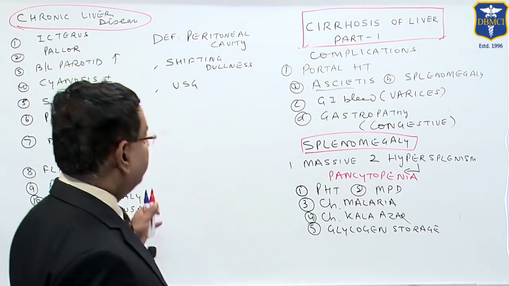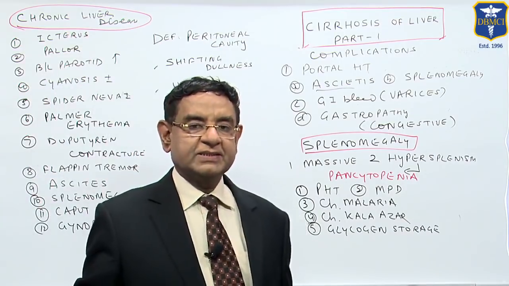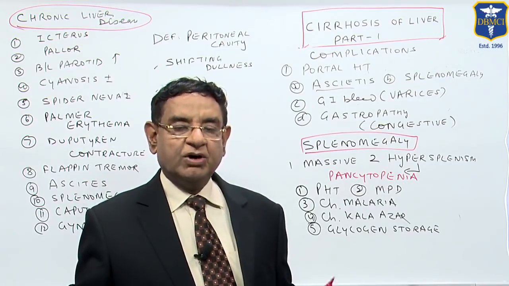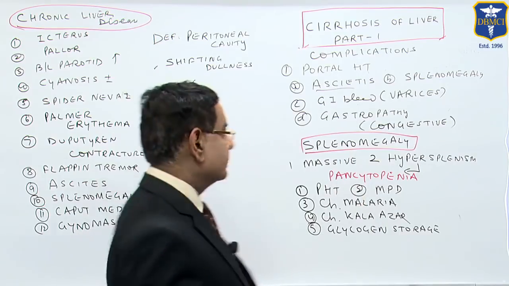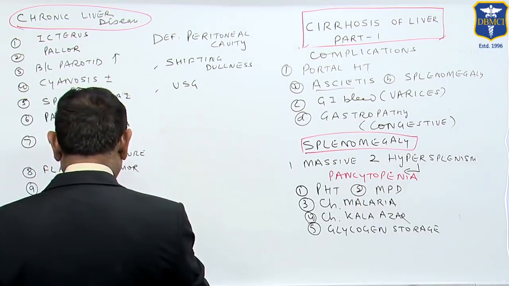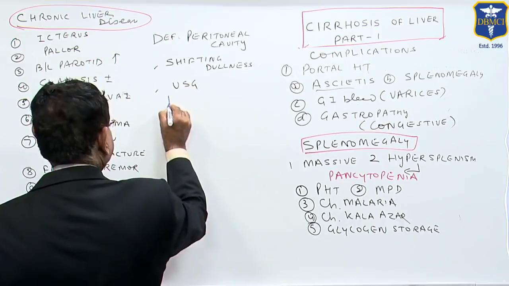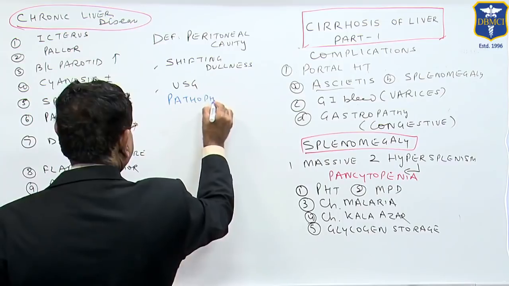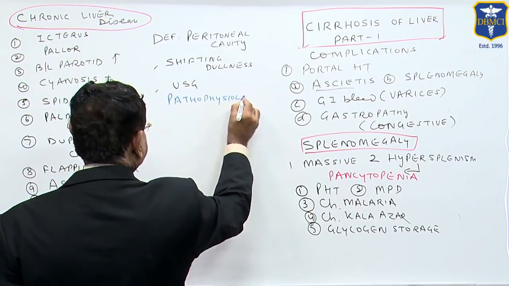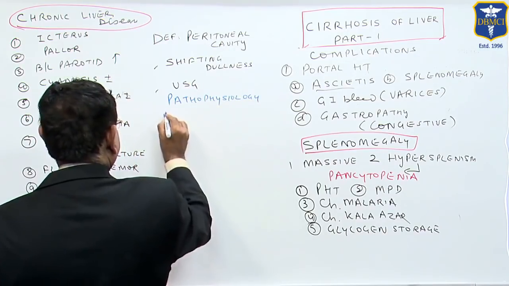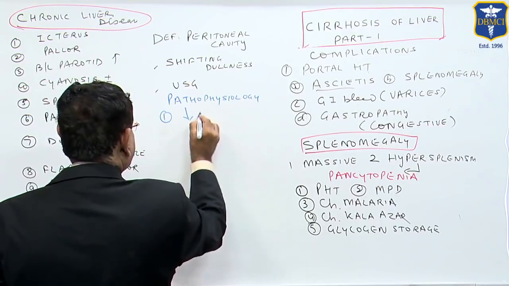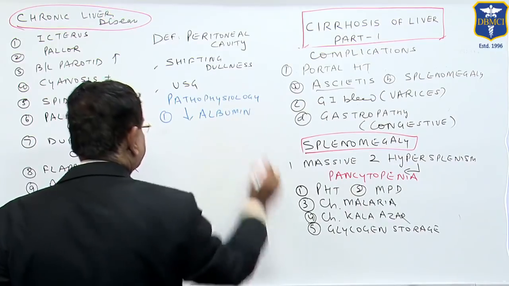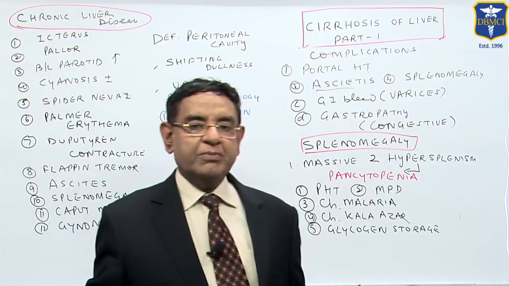But before we talk more about ascites, let's learn what is the pathophysiology of developing ascites in these patients. So, we talk about pathophysiology of ascites development. First of all, reduced albumin in the body. Why is the albumin level reduced?